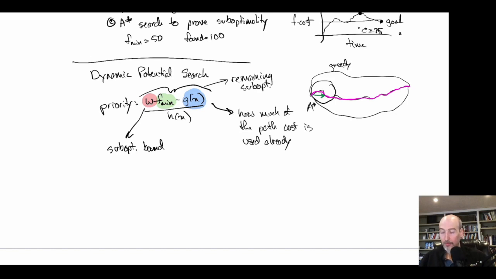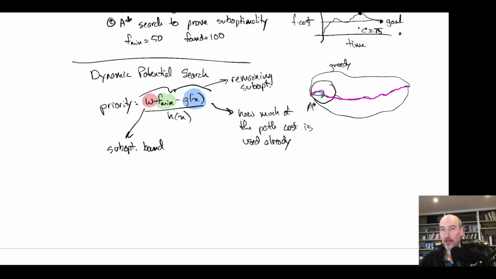Okay, so if the minimum F cost is 50, I know that the optimal solution has to be greater than 50. I'm looking for a bound of 2, so that would say that I could find a solution of up to 100 at this point, and I would know I'd be bounded. And then I know that I'm on some path, and maybe that path has cost 50. So that would say, well, here's 100 minus 50.